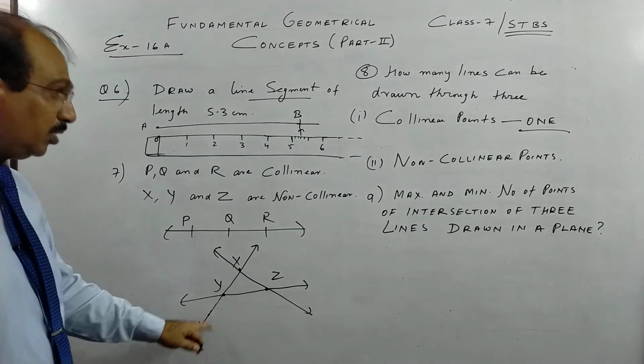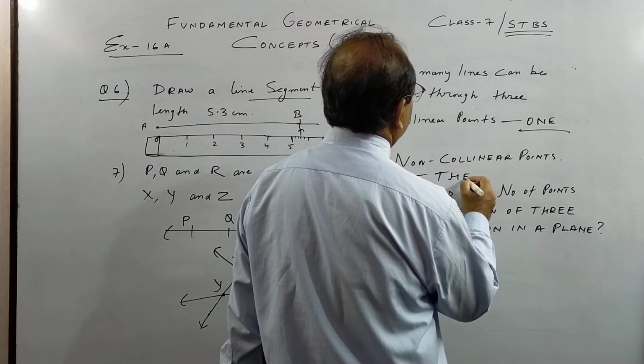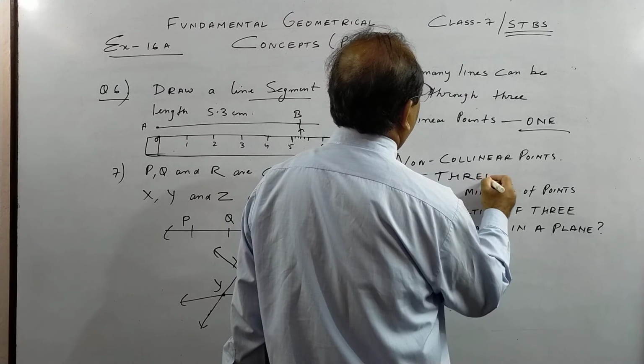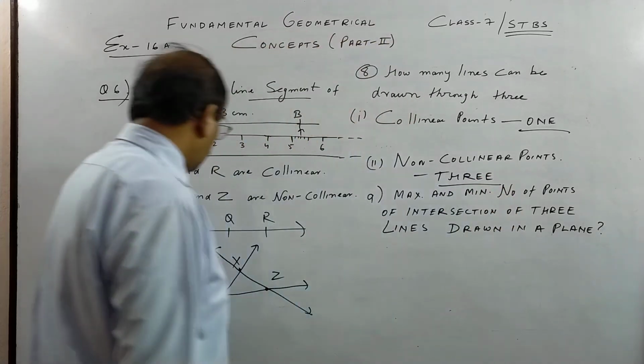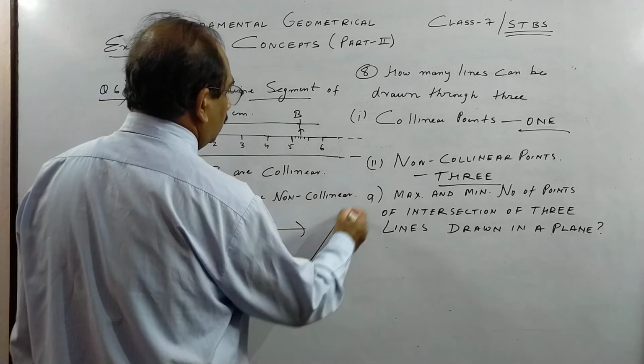Answer is 1. Non-collinear points, so 3 lines you can draw through 3 non-collinear points. So this figure you draw here.